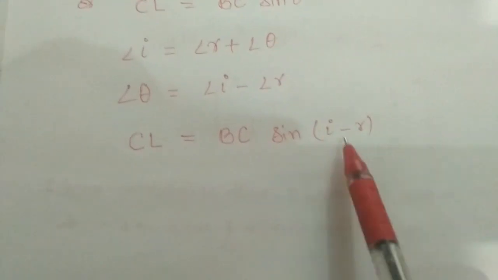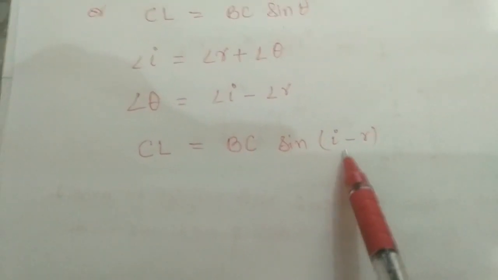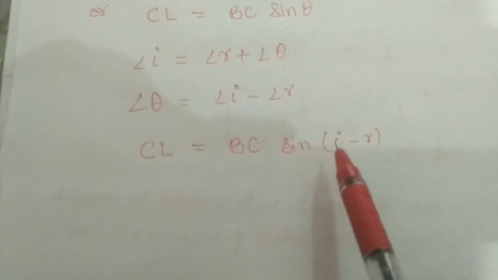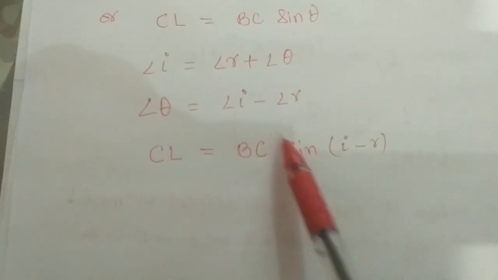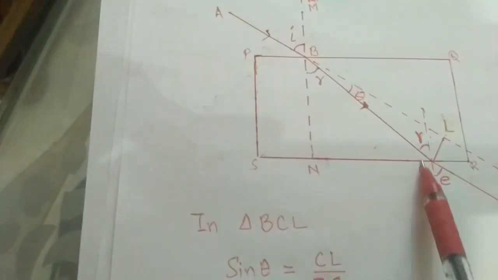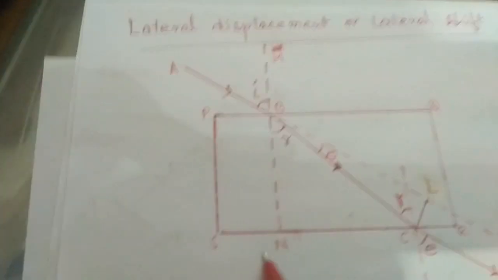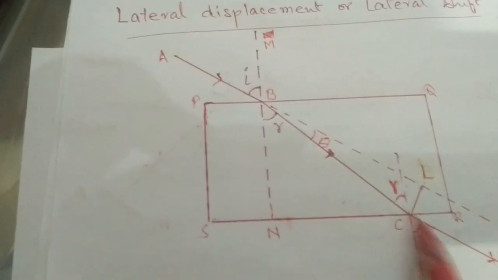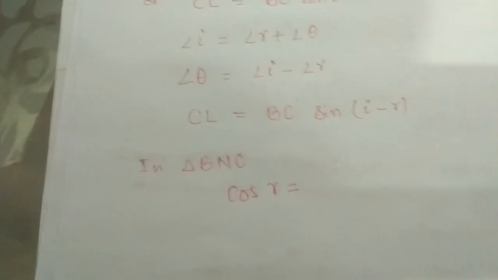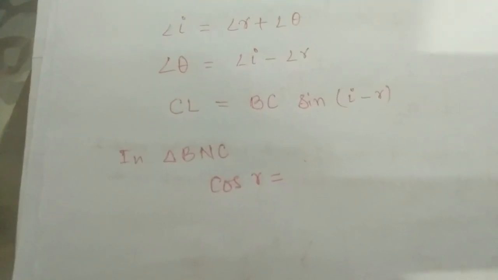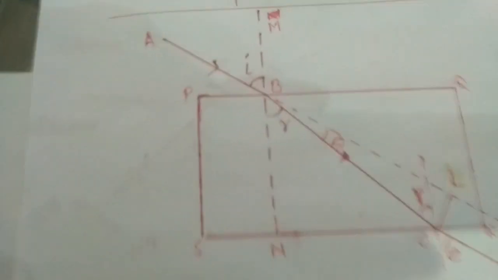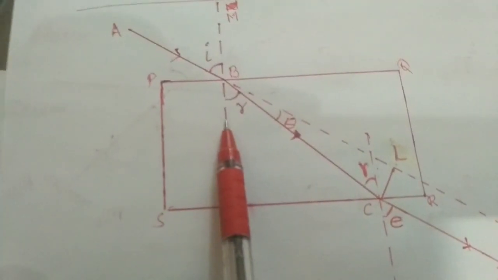But still, we can measure the angle I, the angle of incidence. What about the value of BC? Because this will be inside the glass slab. So for that, we have to replace BC. What I'm going to do, in the triangle BNC, in this triangle BNC, see here, cos R, what does it say?